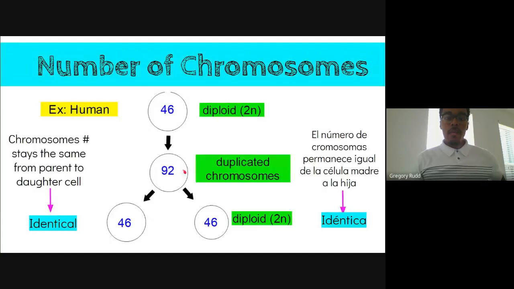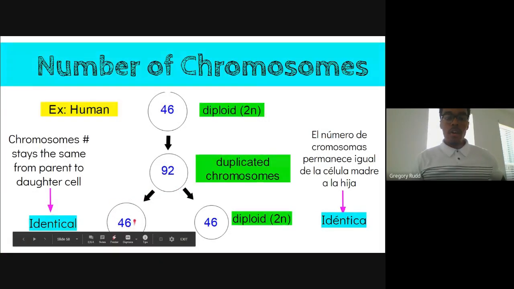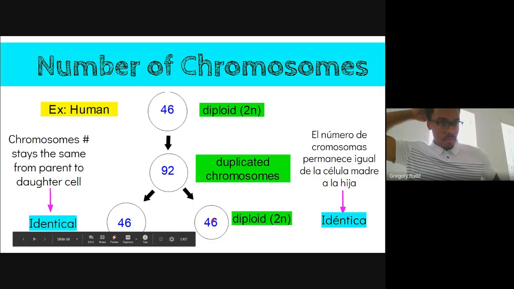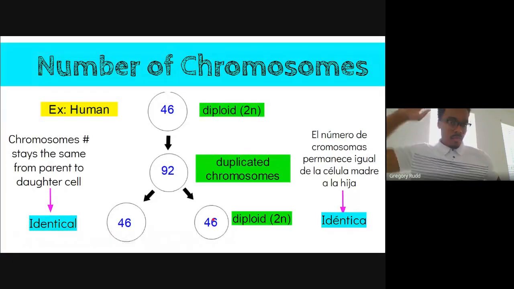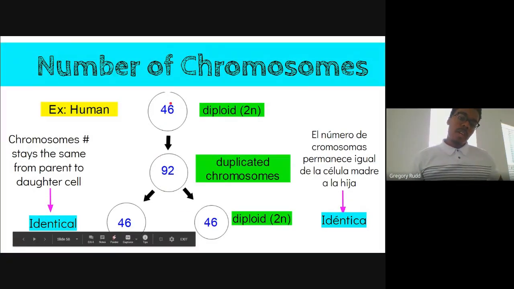But then when they undergo mitosis and they split apart, we end up with that original and correct 46 again. So this is what you want to see happening. You've got to first double it before you split it in half again. So we end up with the exact same number of chromosomes in the daughter cells as we did in the parent cells.